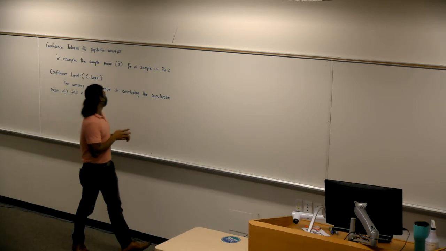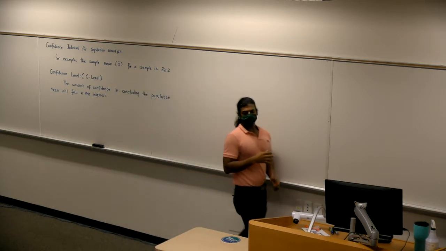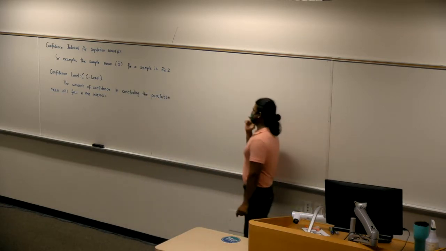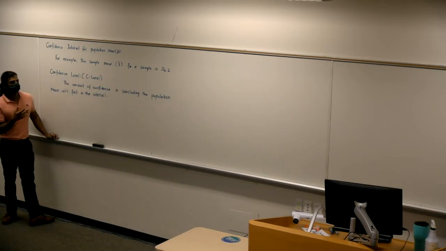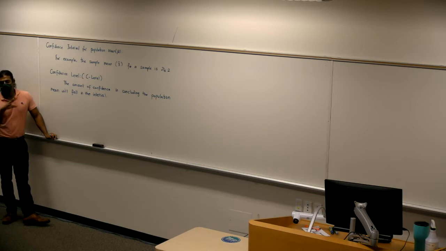The amount of confidence is pretty much the probability in concluding that the population mean will fall in the interval that we will come up with.